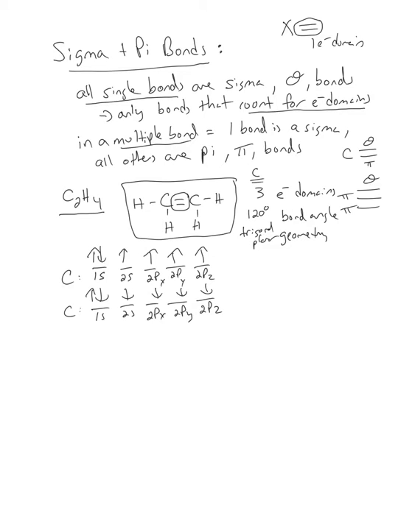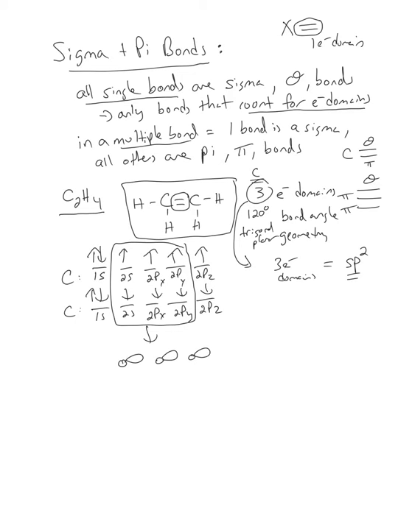Because we have 3 electron domains, what hybridization must take place? Remember from the last lecture, 3 electron domains means sp2 hybridization. Therefore, one s and 2 p orbitals come together to hybridize, which I'm going to box in right here. Those orbitals morph together to form 3 sp2 hybrid orbitals.